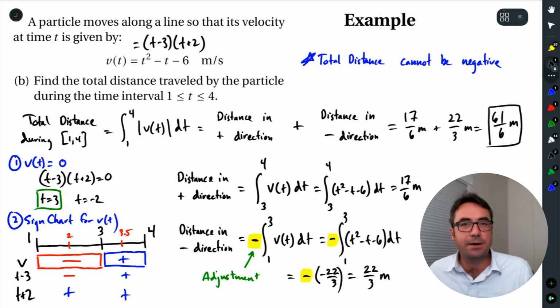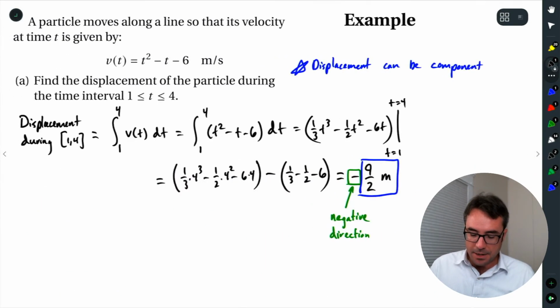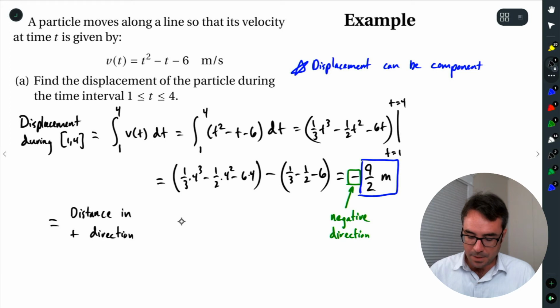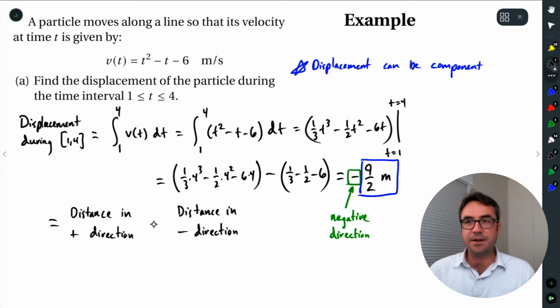Normally we wouldn't calculate displacement like this, but another way to think of displacement is this: the distance in the positive direction and the distance in the negative direction, and instead of adding these two values like we do for total distance, we subtract. So it's the difference of these two distances.